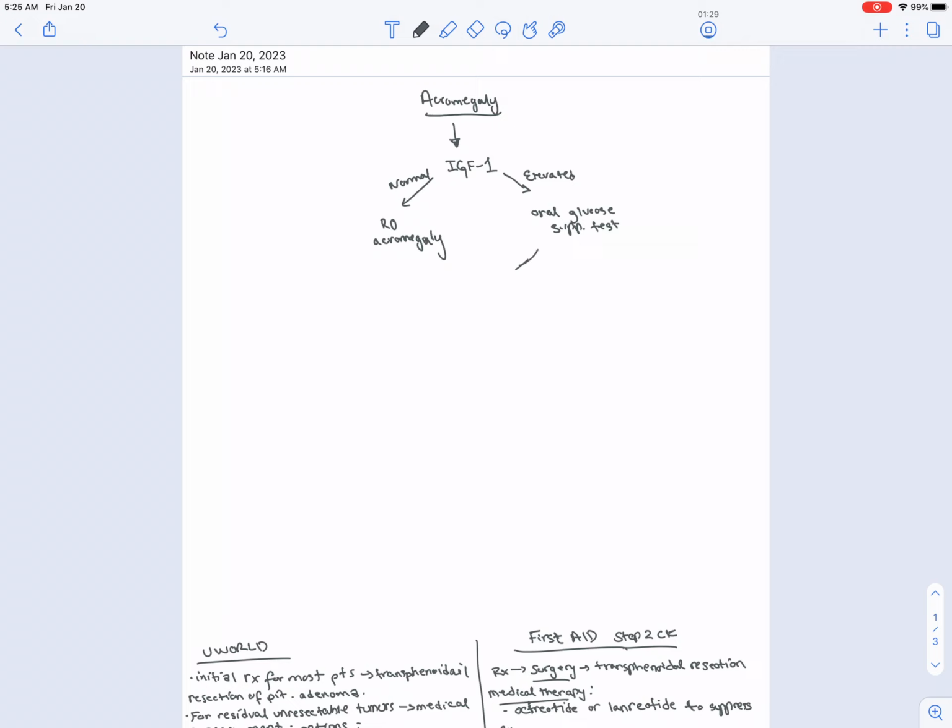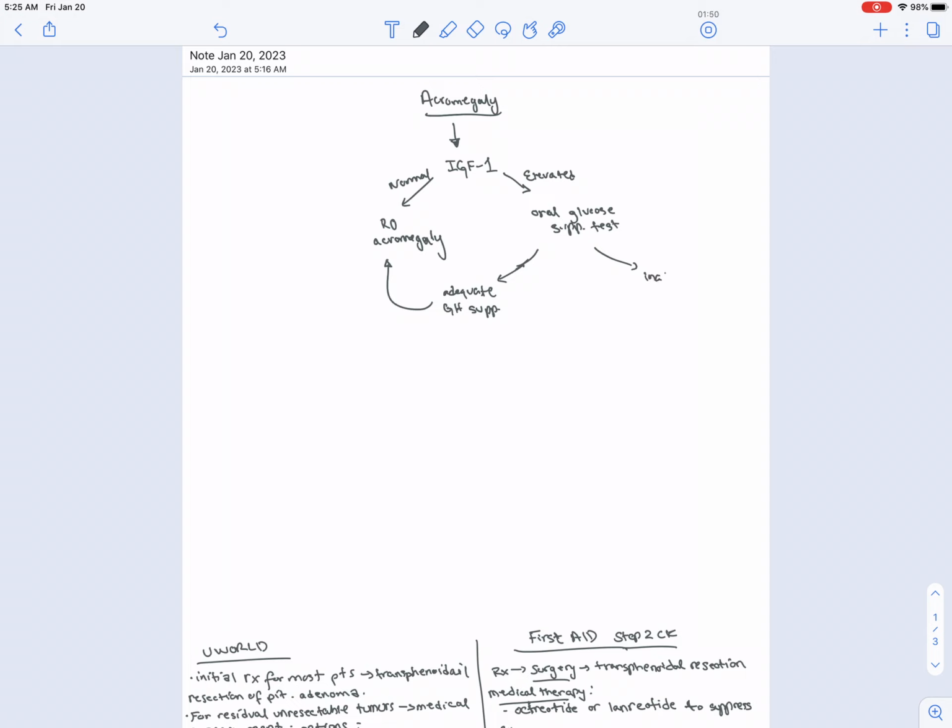Two things from here will arise. If you have adequate growth hormone suppression, then you automatically rule out acromegaly.